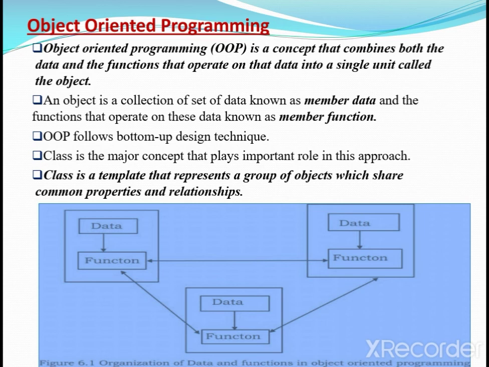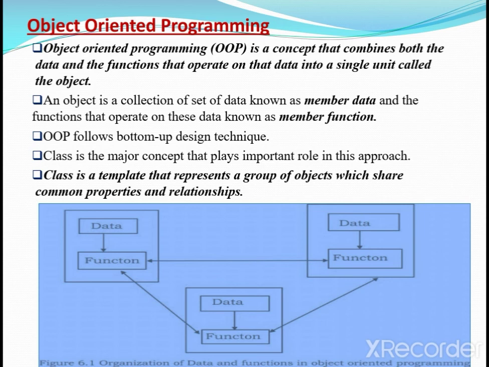And here an object is a collection of a set of data. The set of data is known as member data, and the functions that operate on these data are known as member functions. Member data and member function. This approach is simple and improves software reusability.